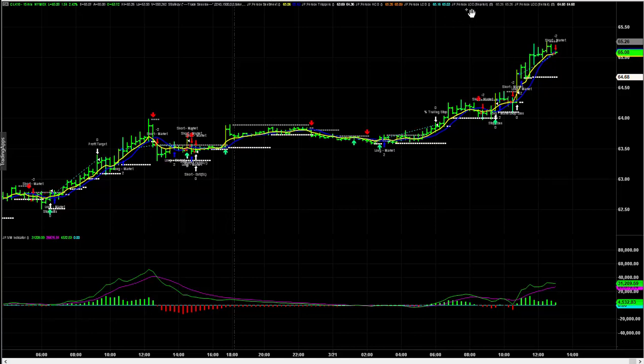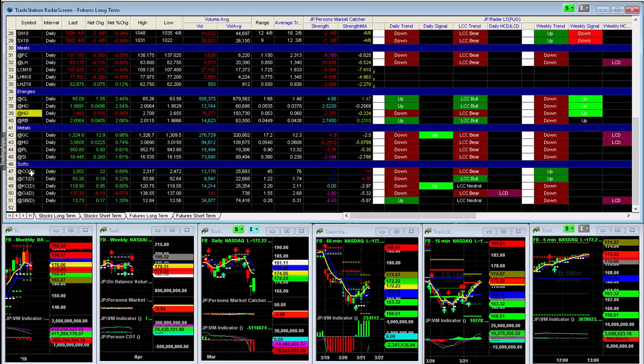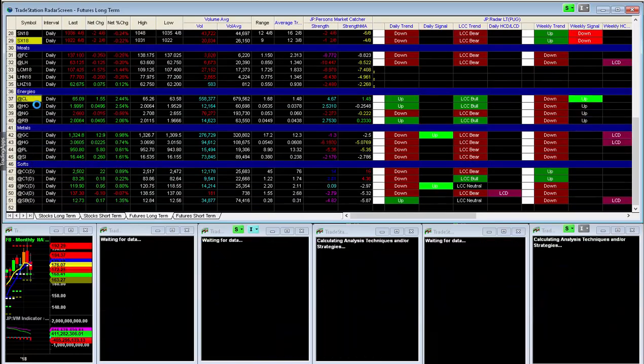If you're a Thinkorswim client, you get to obviously see the PPS indicator. The daily, weekly has been in a buy in crude oil. Let's go take a quick look at that and then get back as we go to looking at futures. Let's go up to just look at crude oil.